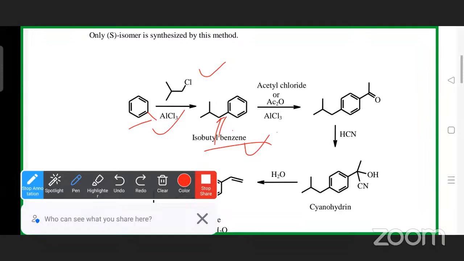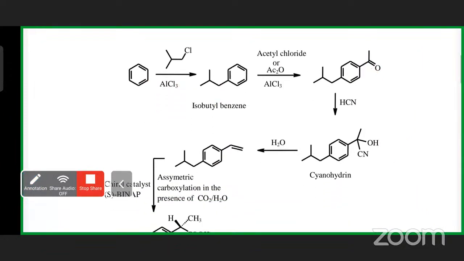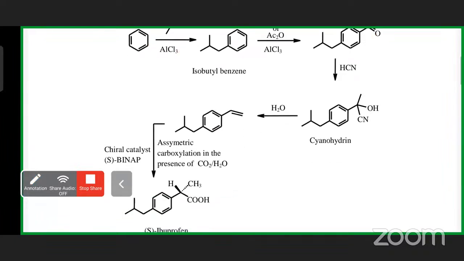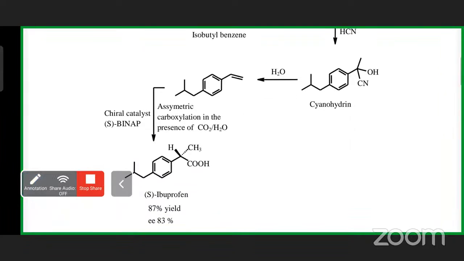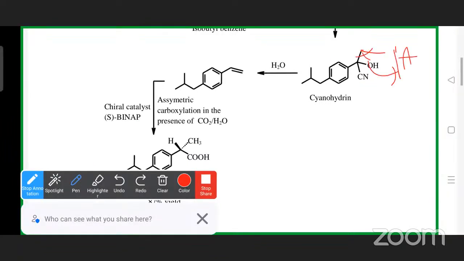After that, the OH is going to be removed as a minus, like vinyl, sorry, it is the vinyl benzene, right? Isobutyl vinyl benzene is obtained.